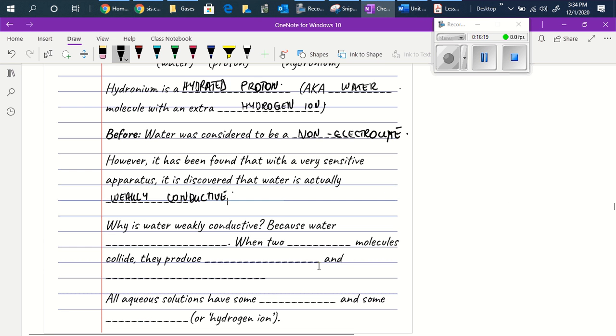Now, why do you think that water is slightly conductive? Because water slightly ionizes, okay? Because water slightly ionizes.